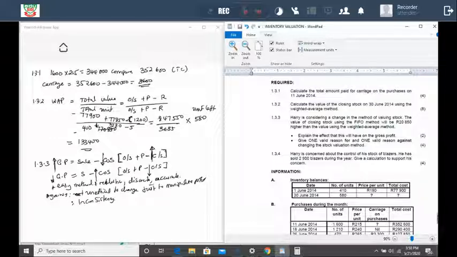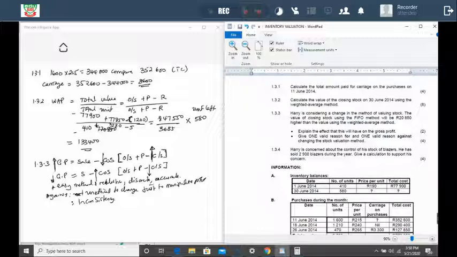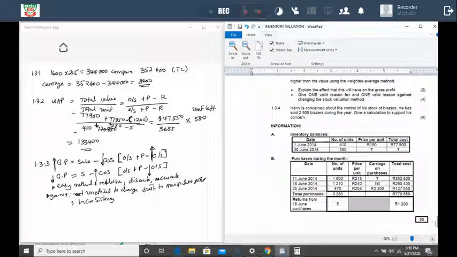Harry is concerned about the control of the stock of blazers. Concern about control means we are looking at missing stock. We come now down here. You see, the question is asking about missing stock. If Harry is concerned about stock of blazers, 1.3.4. Let me go back there. Let me look at what is available. What was available?